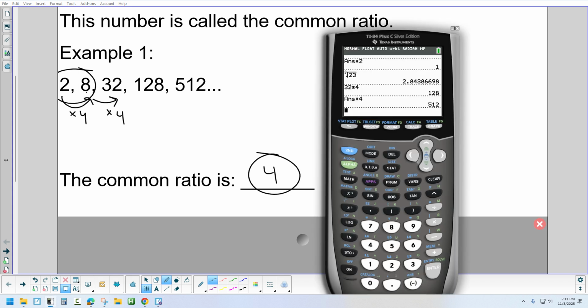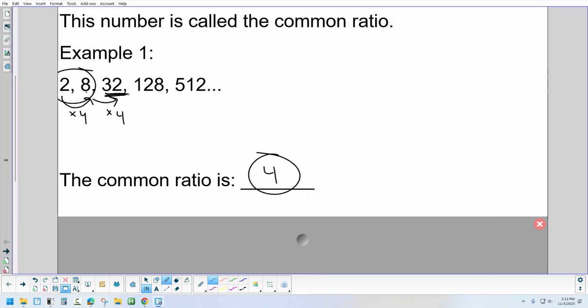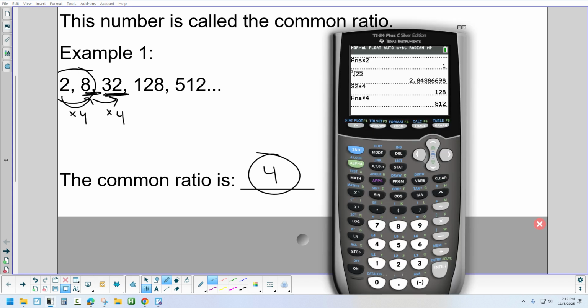Now, let's say you get stuck and you can't figure out what the common ratio is. You can always just take any number and divide by the one that's before it. That will always give you the common ratio. Take 32, divide by 8, and there you go. You get 4.